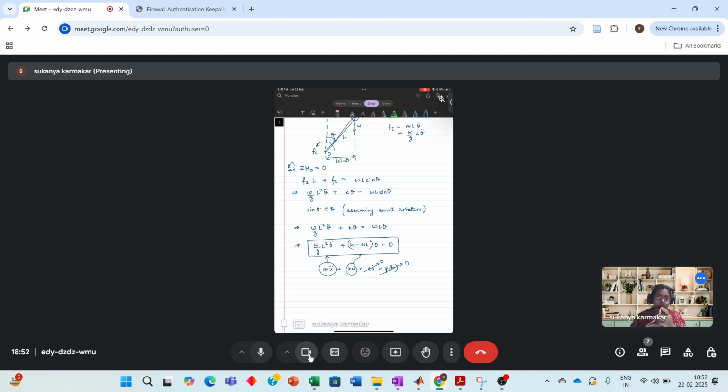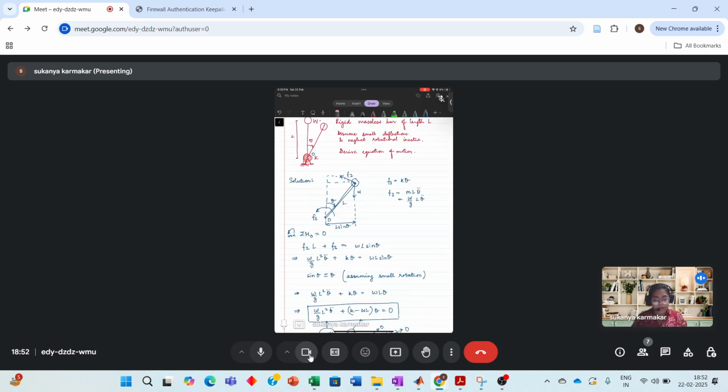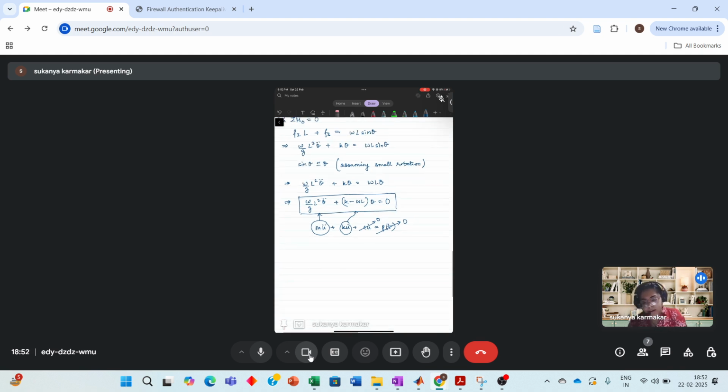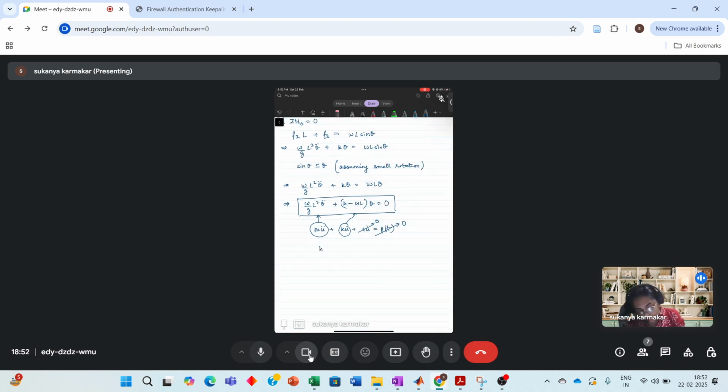It will become unstable, or you can say that it will buckle under its own weight. So what is the critical value of W at which this will happen? W critical, or this term in the bracket k minus WL goes to zero, when W will be equal to k by L. This is the critical weight so that the system becomes unstable.